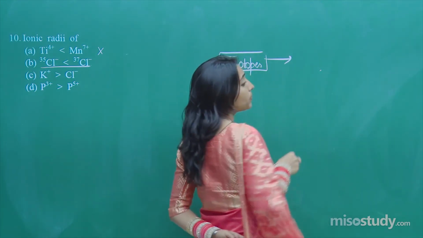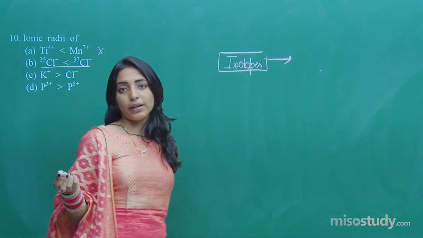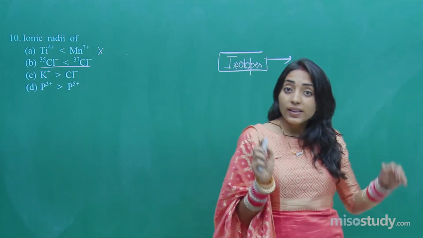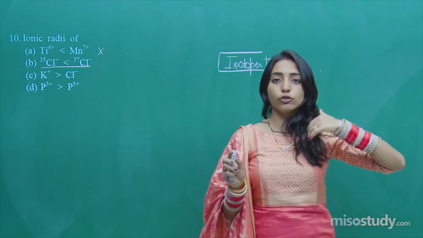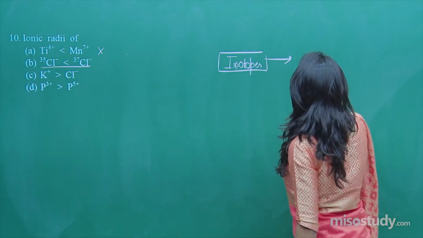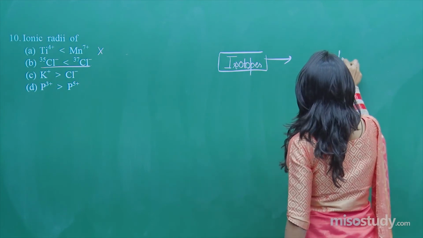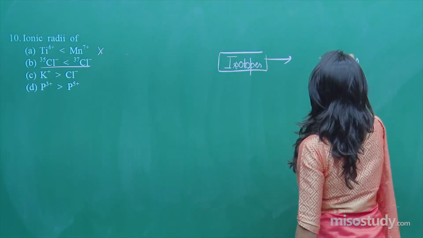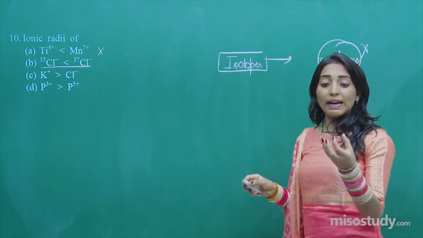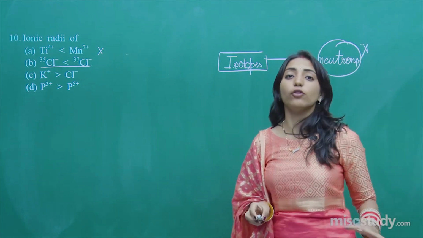Isotopes are the atoms of the element having the same atomic number but different atomic masses. This has got nothing to do with the atomic size. There is just the difference in the number of neutrons, and they will not be playing a major role in deciding the size.